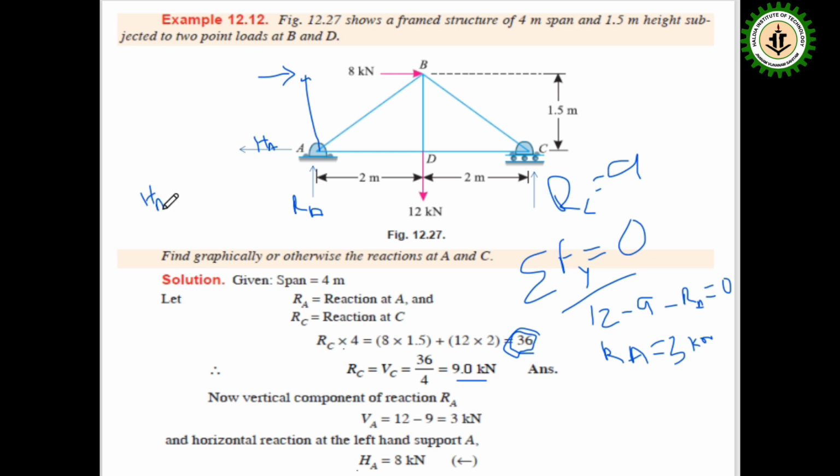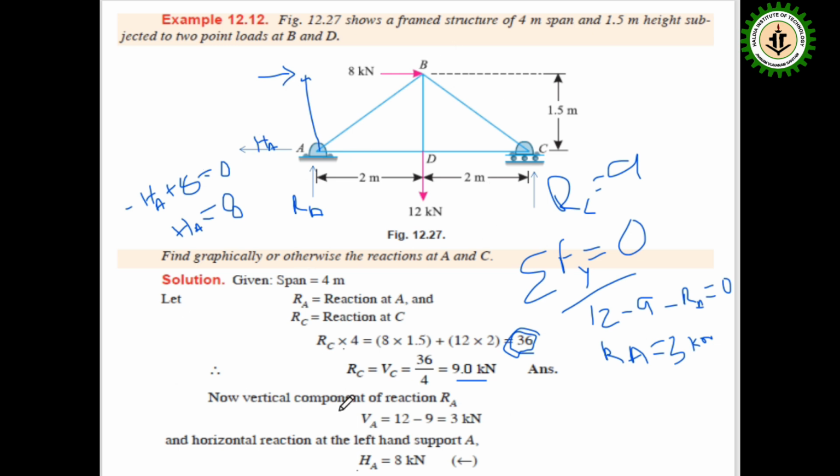If right to left is negative, then left to right will be positive. The 8 kilonewton is positive. All the forces equal 0. So HA equals 8 kilonewton, from right to left side.